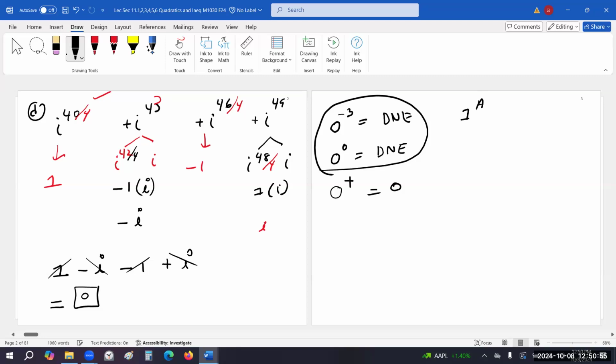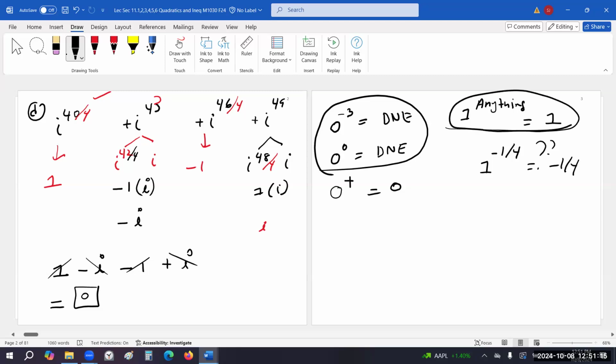What is 1 to the anything? Positive, negative, fraction, decimal, it doesn't matter. 1 to the anything is 1. Then how come many of you gave me the answer for this one is -1/4? Why? Okay.